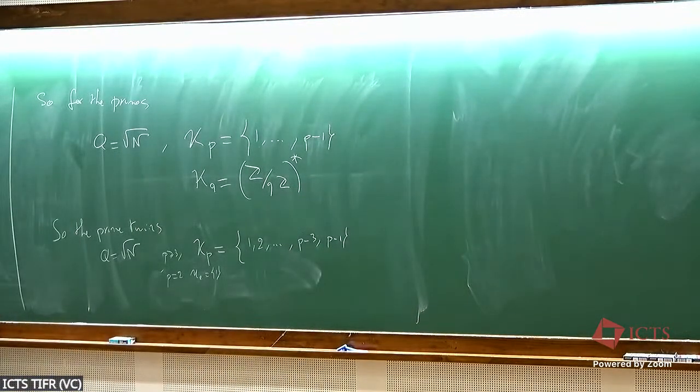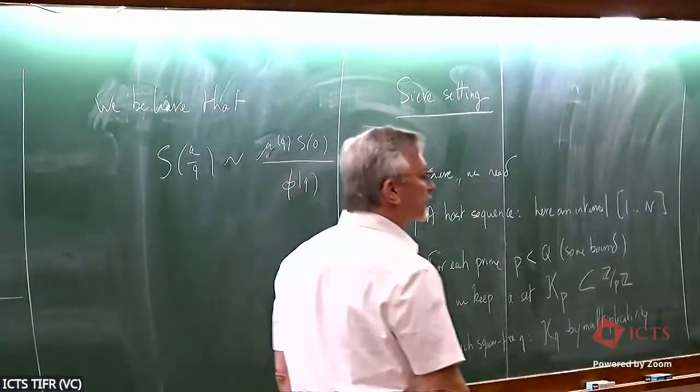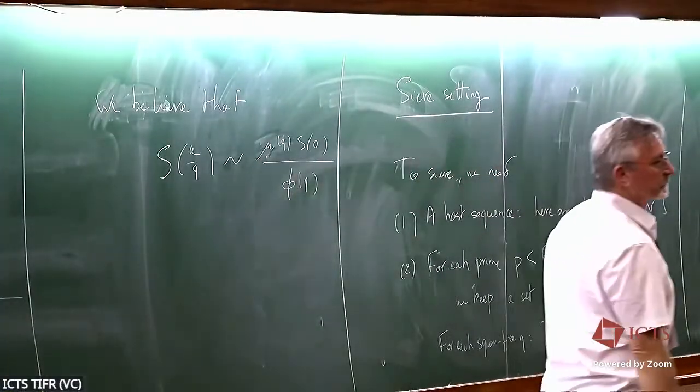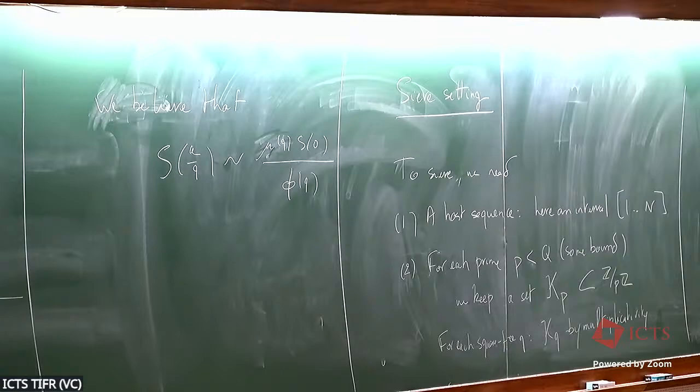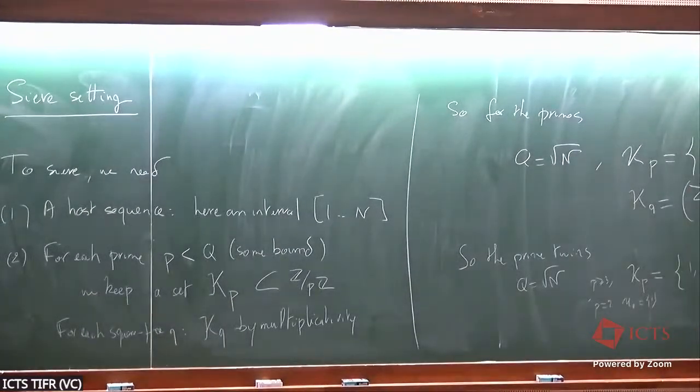Cool. If you want to sieve the Gaussian integers, primitive Gaussian integers, it's the ones that don't have any prime factor congruent to 3 modulo 4. So for the sets that you define, if p is congruent to 3 modulo 4, you remove the class 0.